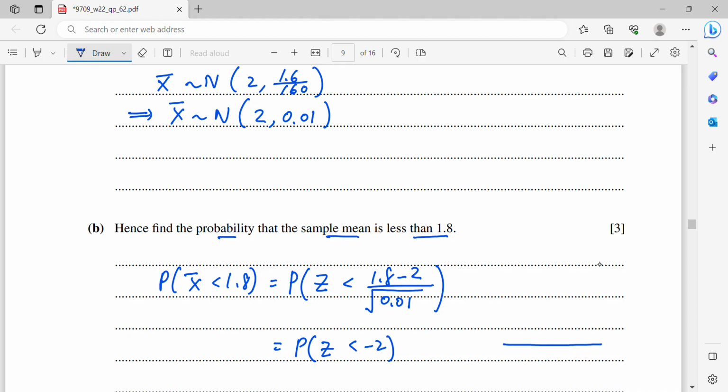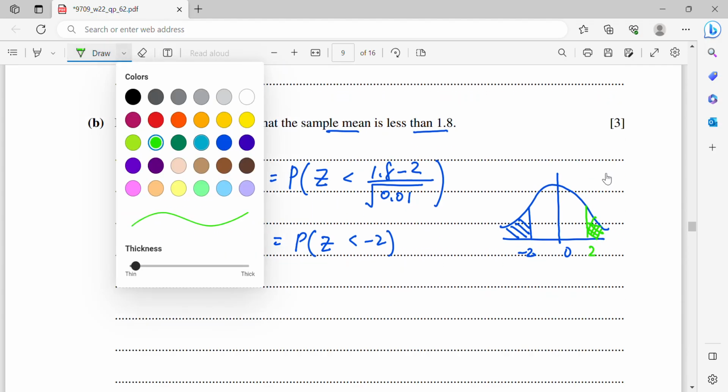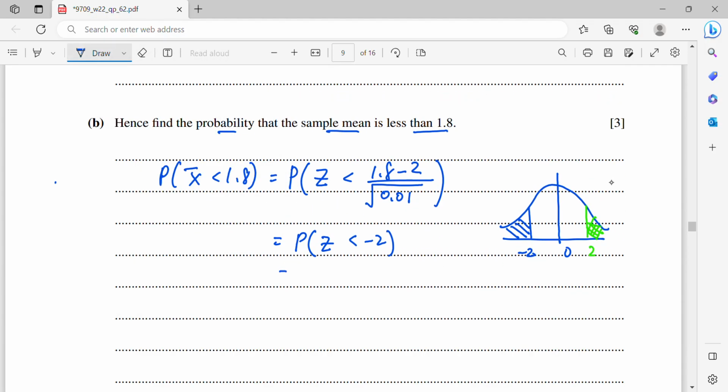I will draw the graph. My critical value is at -2, and the region is towards the left-hand side because of less than. So we need to flip the region to the right side so that the critical value is positive. From this graph, the existing probability becomes P(Z greater than 2).